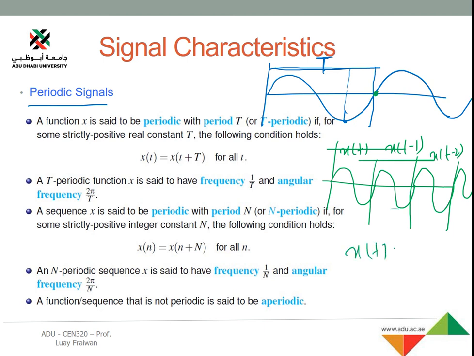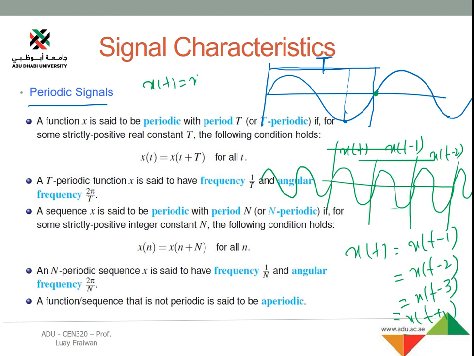So x of t is equal to x of t minus 1, x of t minus 2, x of t minus 3, and the same goes in the backward direction, like x of t plus 1 and so on. In general form, if your original signal is equal to this time shifted signal, that signal is a periodic signal, and this time shift is called the period of the signal.